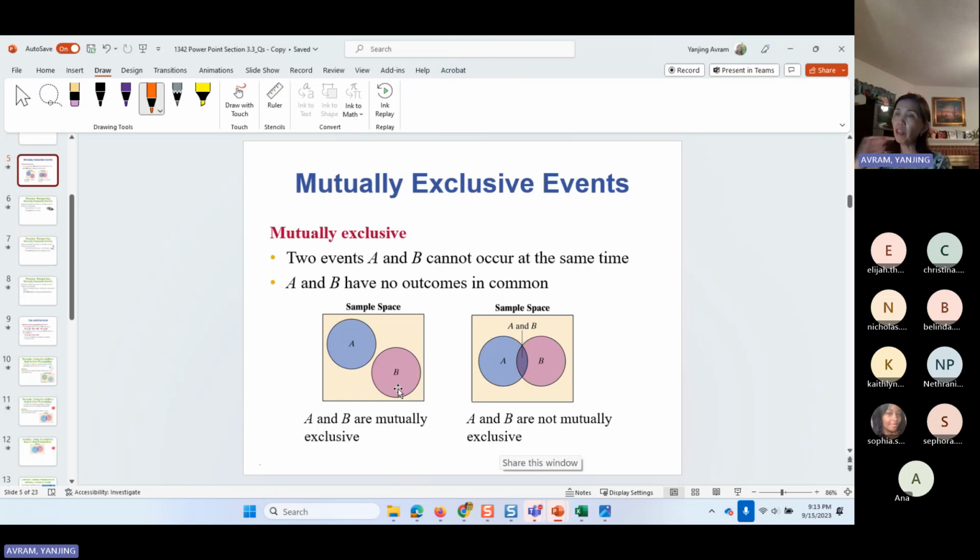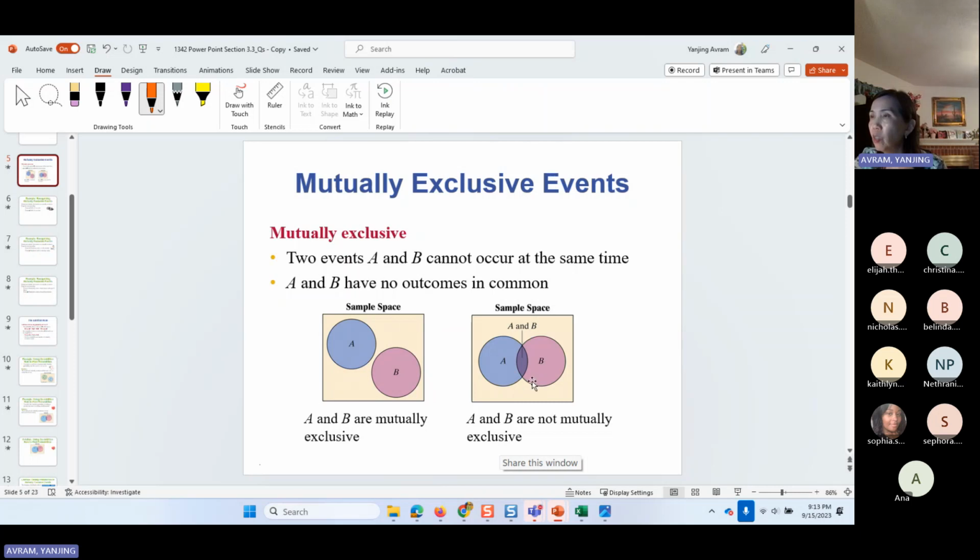You want to count how many students major in math and how many major in history. Those I would say are mutually exclusive, because you cannot major in math and also major in history, if we say a student can only have one major.